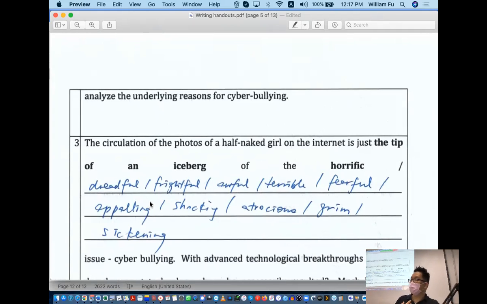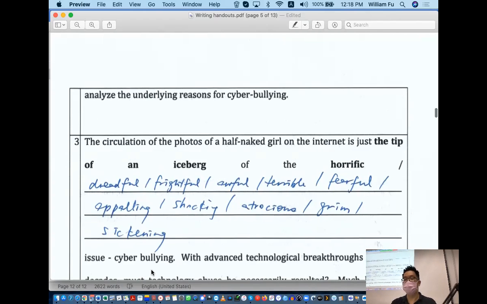What's appalling? Appalling, just like, for example, if someone kills a kitten, wow, it's appalling behavior, or shocking, or atrocious. Atrocious can mean something very serious, just like what Hitler did, killing lots of people, atrocious, okay, grim or sickening issue, cyberbullying, okay, now.